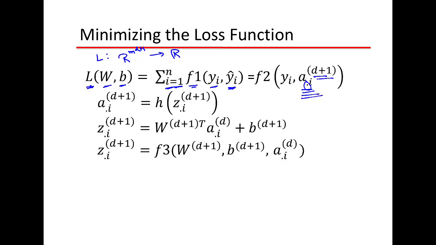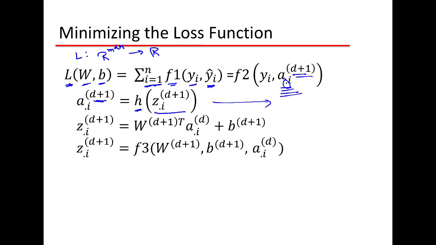Now what is ai at d plus 1? Output is activation applied to zi, the input at d plus 1. This activation could be a ReLU activation, could be a sigmoid, I can take any activation. But if you think of this function h, it's mapping R^(md plus 1) to R^(md plus 1). So its derivative would be a matrix in general. But this is a very special function. What does it do?